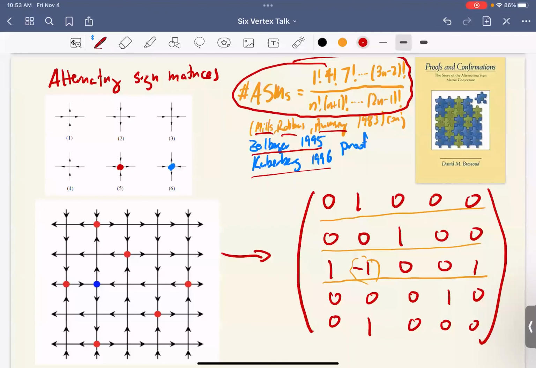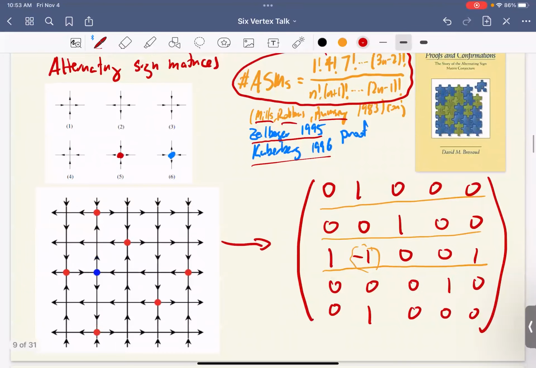So what's the relation to the six-vertex model though? Well, here's the relation. These type 5 and type 6 vertices are different from the others in that these are the ones where the arrows can switch from left to right or from right to left if you're looking along rows. For the other vertex types, the arrows are aligned.